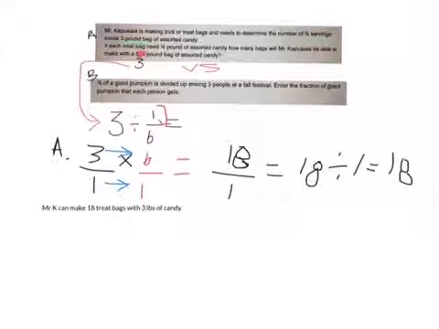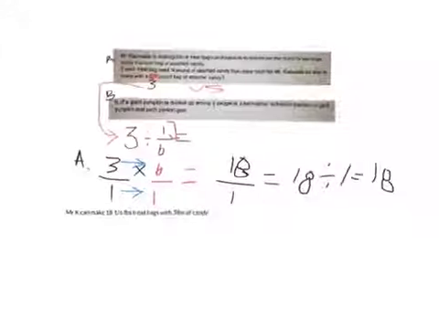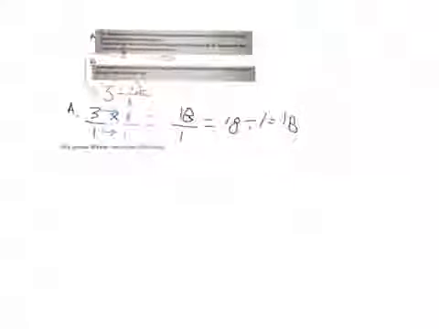Or to be more specific, 18 1/6 pound treat bags with 3 pounds of candy. Okay? So that's that one. But we want to see how that compares to B.